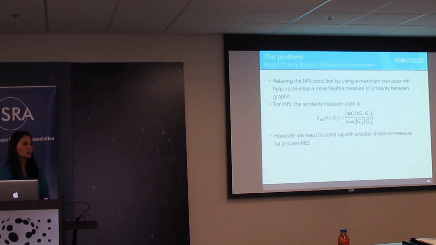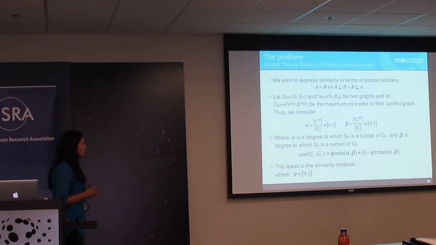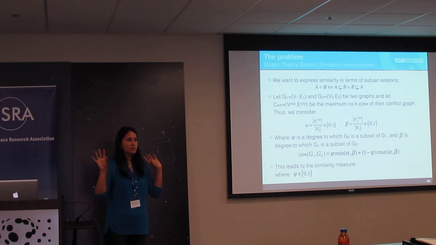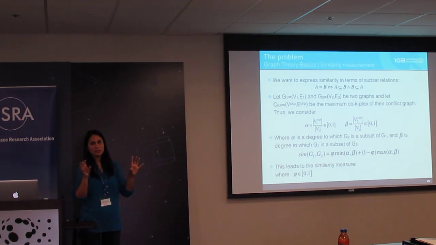Instead of using equality methods, we define our similarity in terms of subset relations. If I am comparing two graphs, G1 and G2, I want to see if a subgraph G1 prime is a subgraph of G2 prime. I want to see the ratio between the subgraph G1 over G2 and vice versa, G2 over G1.